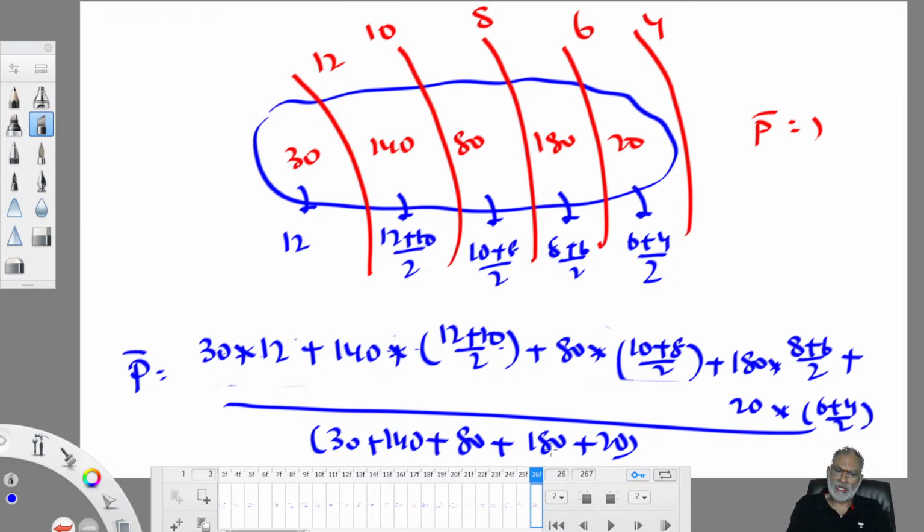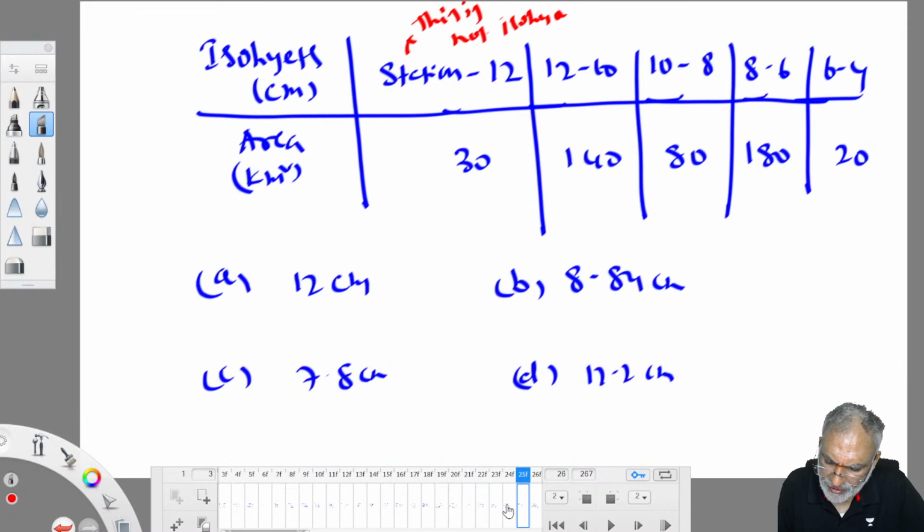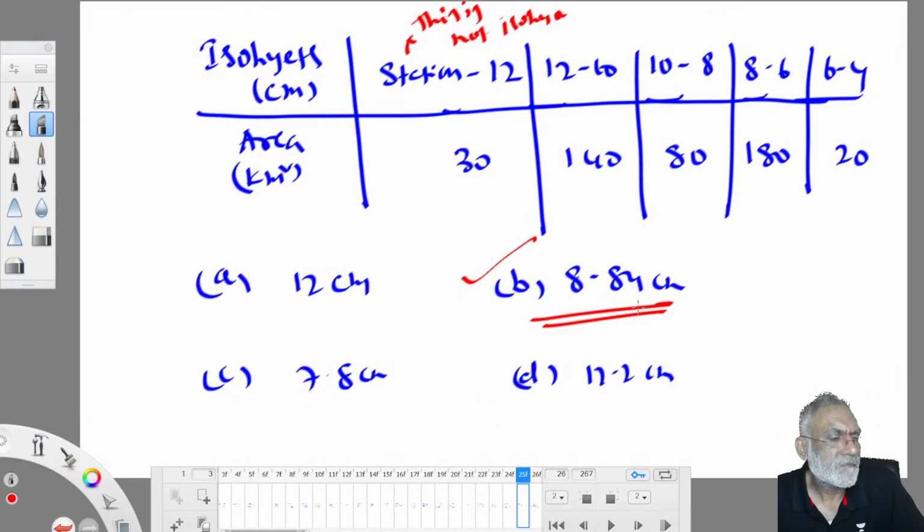So I got 8.84 centimeter. That was the answer for this question. Let us see whether 8.84 is there or not. Yes, it is there. So this is the correct answer. Understood now? Calculators are allowed in the GATE exam. You can use a calculator.